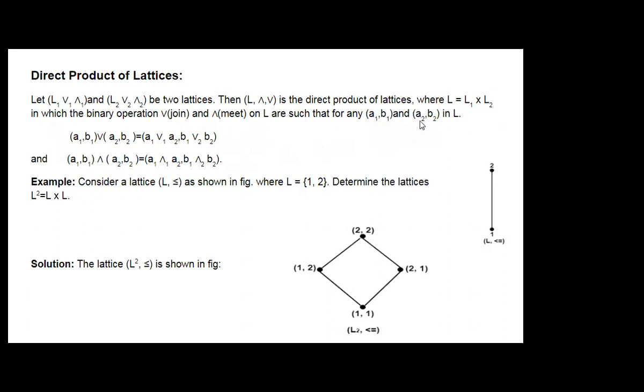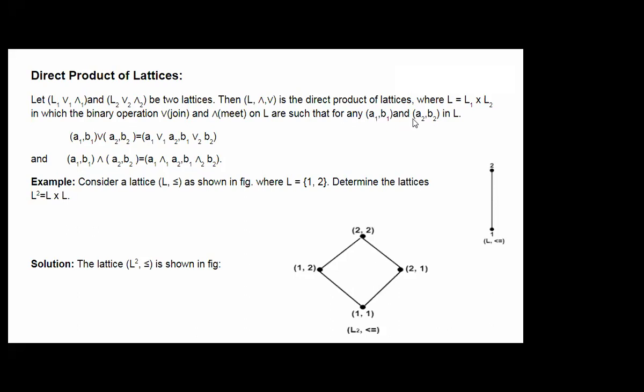The first element is A1 join1 A2, and the second element is B1 join2 B2. Here we have join1 and meet1, join2 and meet2; these operations are already defined. Similarly, if we consider (A1, B1) meet (A2, B2), what will it be? (A1 meet1 A2, B1 meet2 B2).